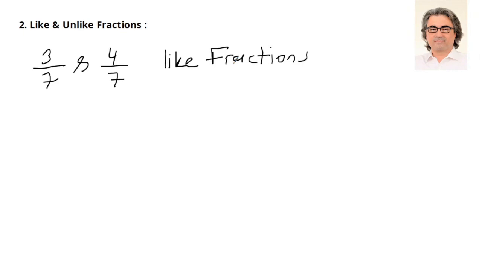So what's the meaning of unlike fractions? After learning the meaning of like fractions, it's very easy to tell the meaning of unlike fractions. Fractions having different denominators. For example, 3 over 7 and 5 over 8 are unlike fractions, or not like fractions.